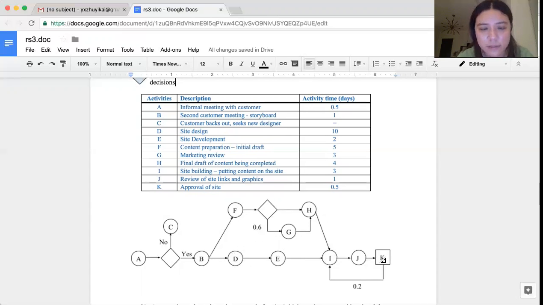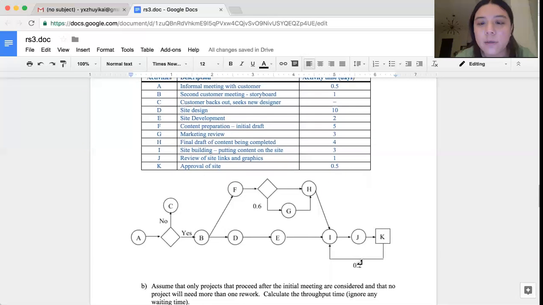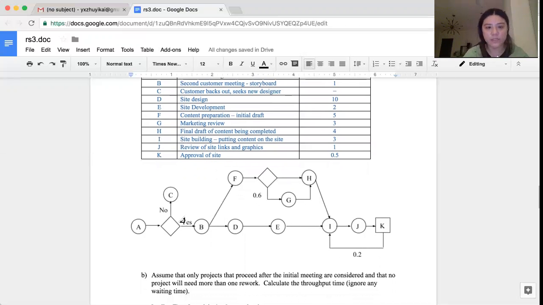And then next, the site can be approved or not. If the site is not approved, we go back to step I to rework the site building. So this is the flowchart.